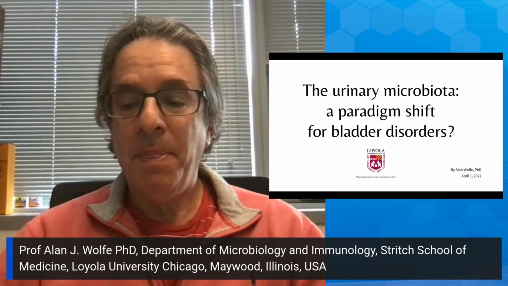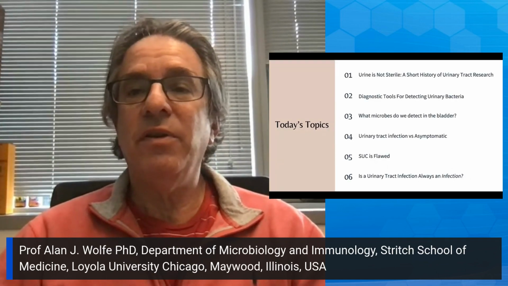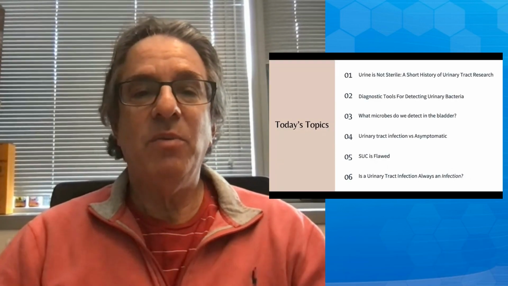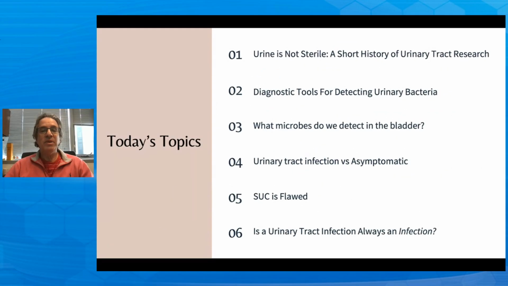What I want to do is talk to you about the urinary microbiota, or what we sometimes call the urobiome. First, I'm going to give you a short history of urinary tract research to explain why people thought that urine is not sterile. Then I'm going to describe some diagnostic tools that we use for detecting urinary bacteria, what microbes we detect in the bladder, how the microbiome is different between individuals with symptoms versus those without symptoms.